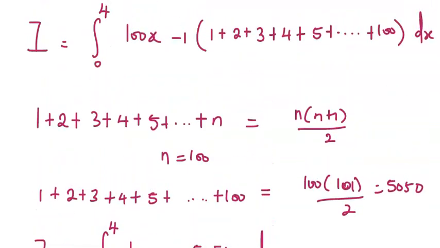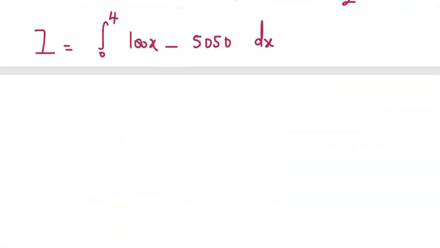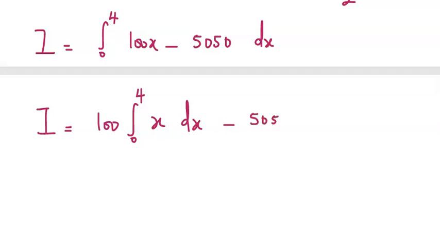Yes, 100x minus 1 times the bracket, where the sum is 5050, giving us negative 5050. So from here this is very cool, because this is going to be equal to 100 multiplied by the integral from 0 to 4 of x dx, then minus 5050 times the integral from 0 to 4 of 1 dx, right?